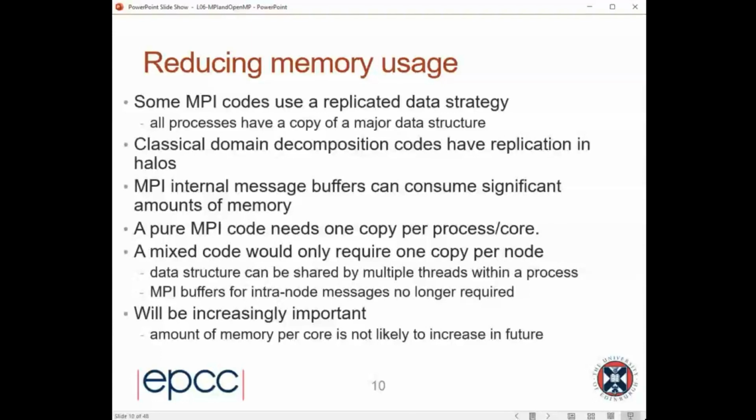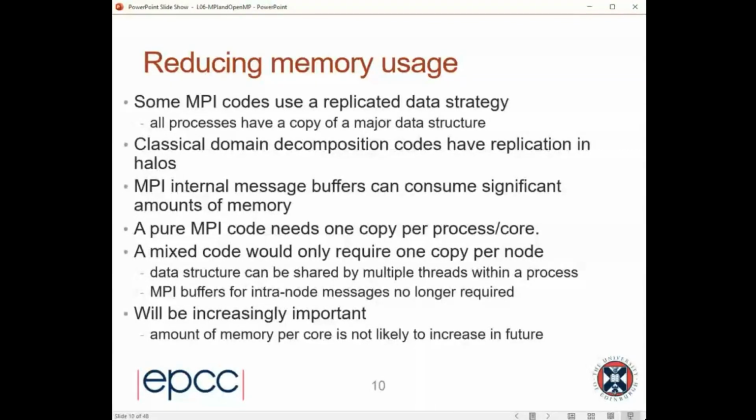MPI itself, every process is running the entire MPI library, and so it'll have its own software stack, its own buffering and internal data structures. So the MPI internal buffers may consume significant amounts of memory, and that can be especially true if you're doing very big collective operations. For example, a lot of codes that do Fourier transforms end up transposing large data structures.